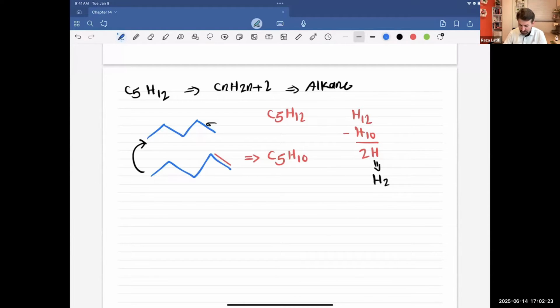So I'm going to summarize what I said. I'm missing 2 hydrogens, and I can write them as 1 mole of hydrogen gas. In this case, we say the hydrogen deficiency index is going to be equal to 1, equal to 1 mole of hydrogen gas, which is equal to 2 hydrogen atoms.